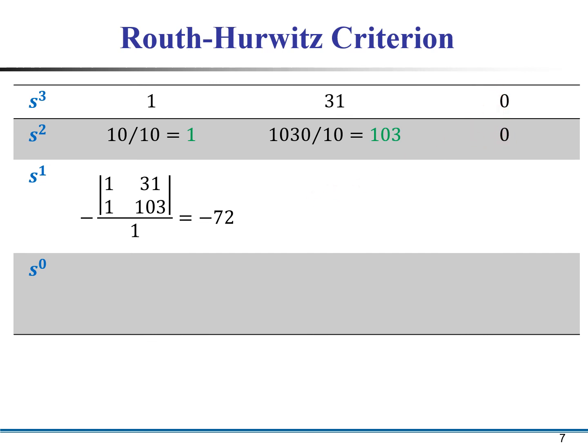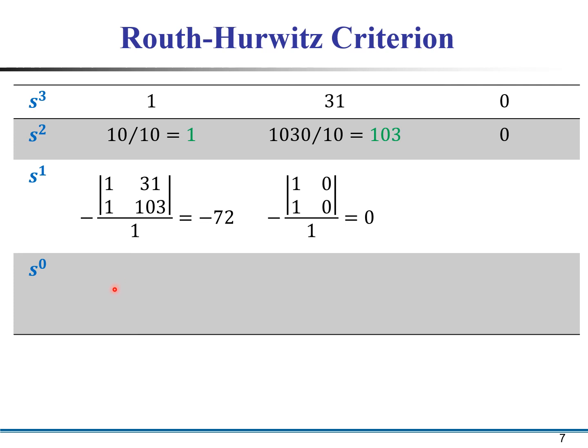If these two elements are 0, we should know that here it will become directly 0. Now the column will be 1, minus 72, 103 and 0, and minus we will be taking. So this 103 number, when we do all the calculation, it will appear over here.